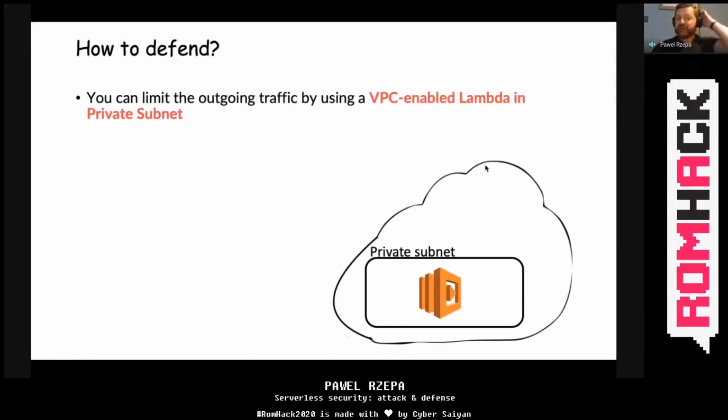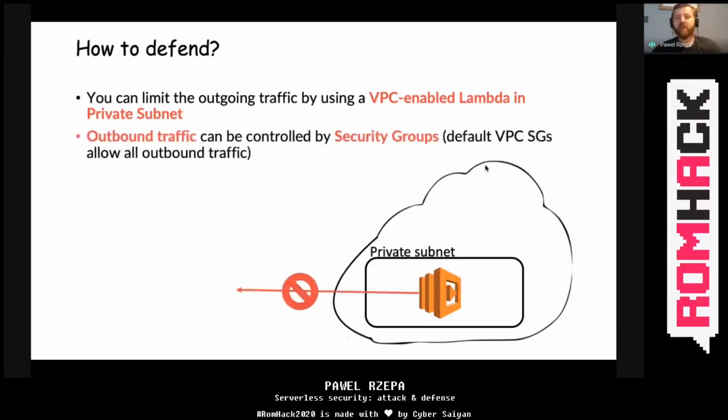So how to defend? Well, you can run Lambda in your VPC, because by default it is run outside of your VPC, and you can put this Lambda in a private subnet. If you don't need any outgoing traffic from your Lambda outside of your VPC, then simply block the traffic using a security group and attach it to the private subnet.